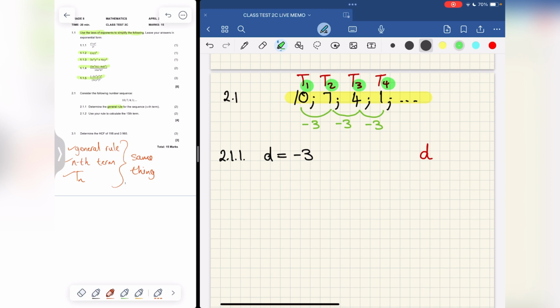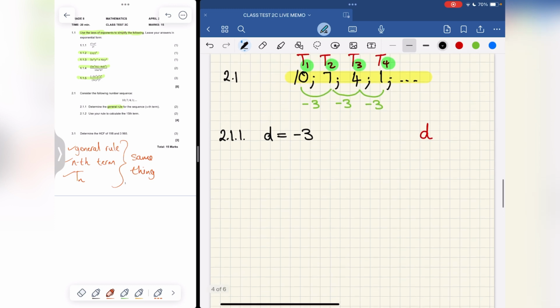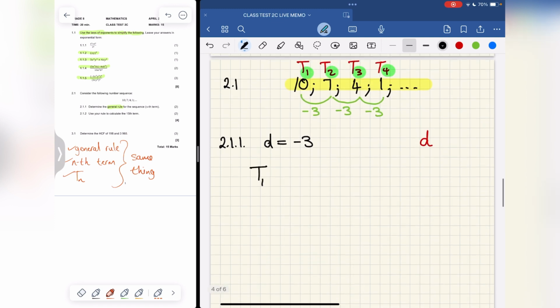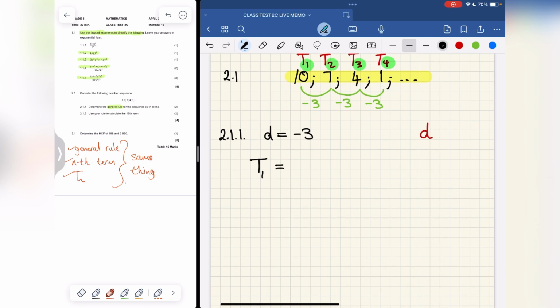So if we can somehow link the constant difference of -3 with the position of the terms, we might be able to get some sort of general rule. And we said, well, let's look at term 1. Term 1 is equal to 10 in this case.